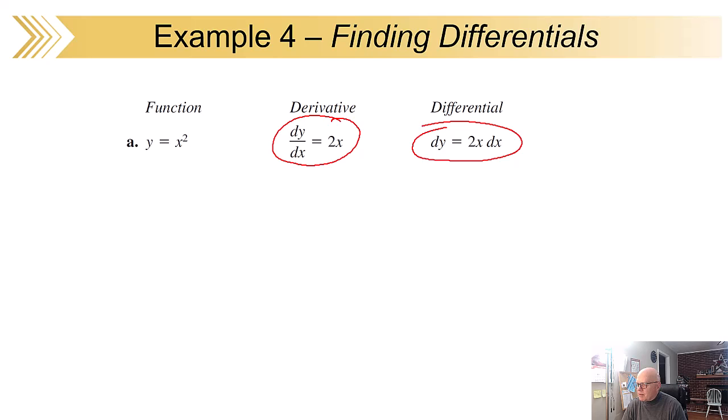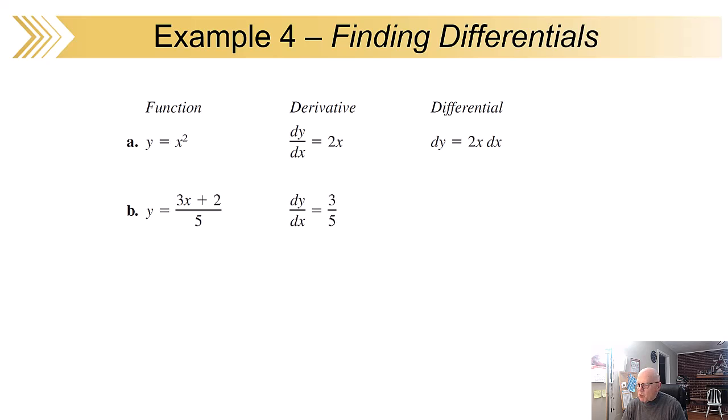Let's try another one. Here's another function. The derivative of that is, good practice, come on, hit the pause, try it, then check. You should get dy dx equals 3/5. If necessary, rewrite this as y equals 3/5 x plus 2/5.